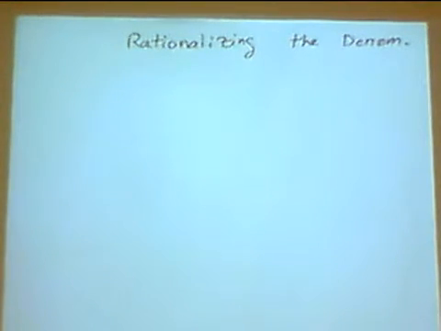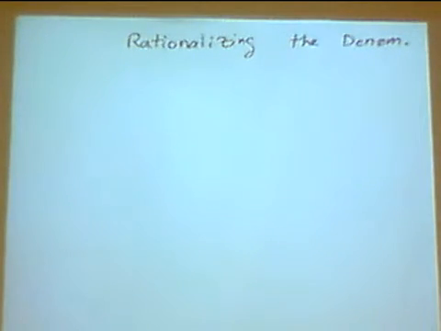Let's talk about and do some problems where we have to rationalize the denominator. Once again, the reason why we have to rationalize the denominator is because we cannot leave a radical in the denominator of our answer.